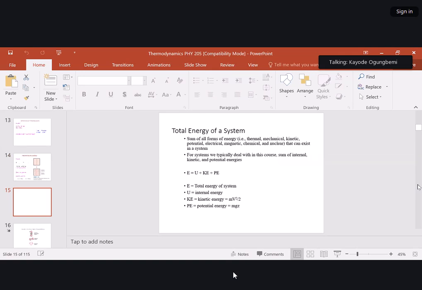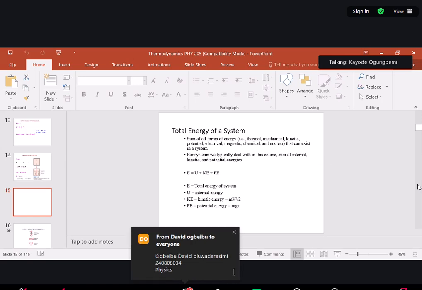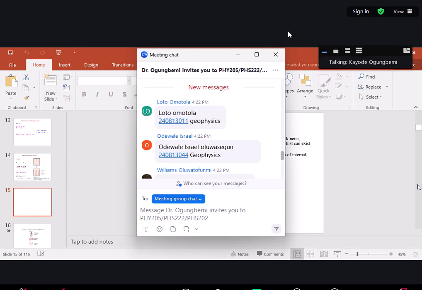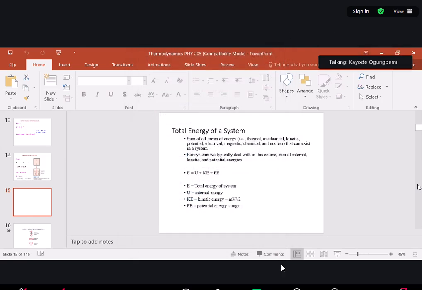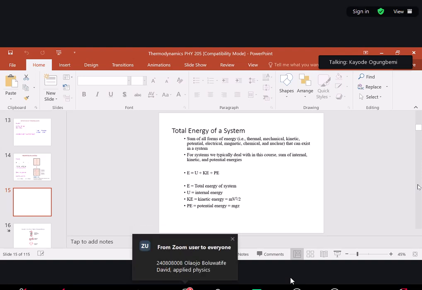Then that takes us to what we call the total energy of a system. The total energy of a system is the sum of all the energies that are within the system that can coexist in the system. When you're talking about all the energies, we are talking about thermal energy, mechanical energy, kinetic energy, electrical energy, magnetic energy, chemical energy, nuclear energy.